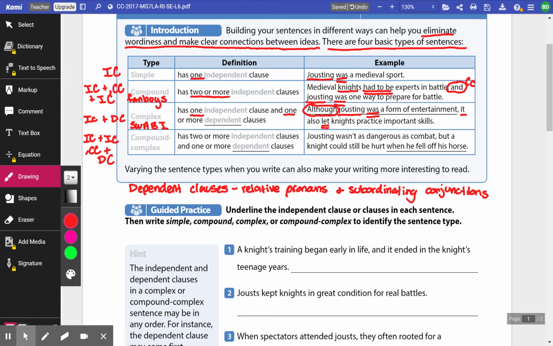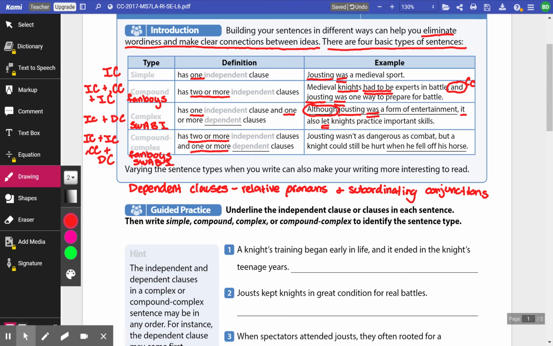A compound complex sentence has to have two or more independent clauses and one or more dependent clauses. And then it will also have a FANBOYS word as well, so a comma with a coordinating conjunction. So it has that. And you can also look for your SWABI words because we know we have to have at least one dependent clause in this sentence.